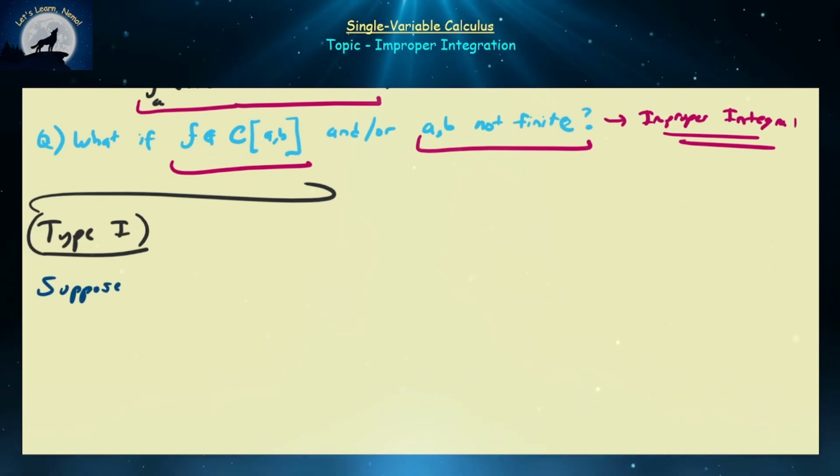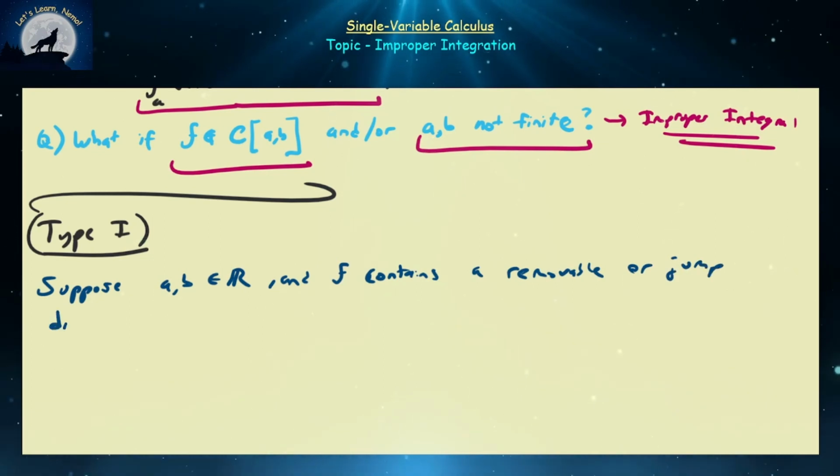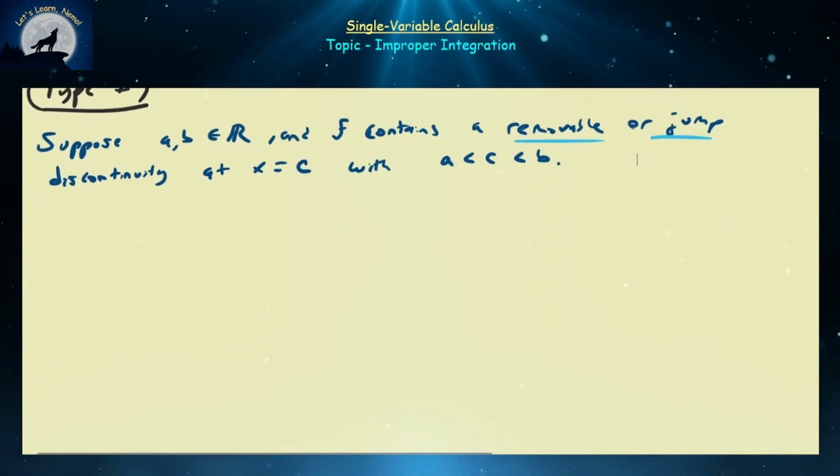Suppose that a and b are both finite numbers, and let's assume that f contains a removable or a jump discontinuity at one point, x equals c, where a is less than c is less than b. So c is between a and b, for which it is either a removable or jump discontinuity. Keep in mind we also have infinite discontinuities, but we'll deal with that at a different time.